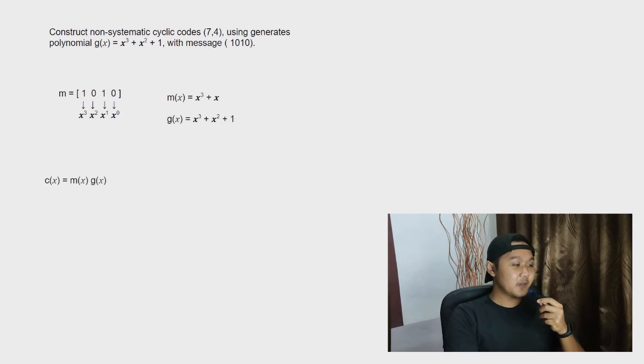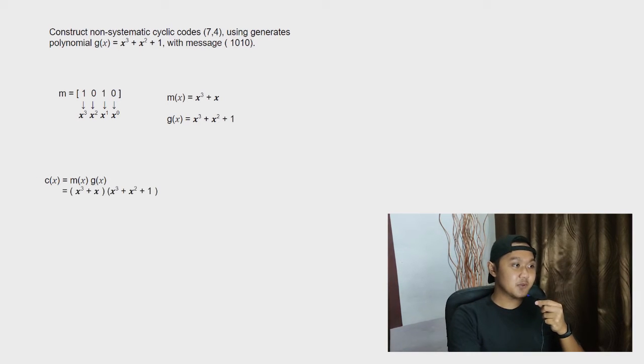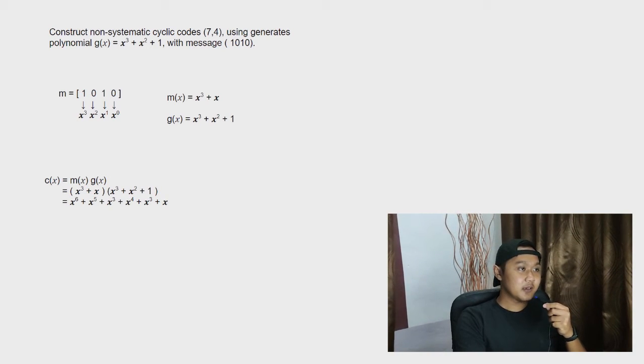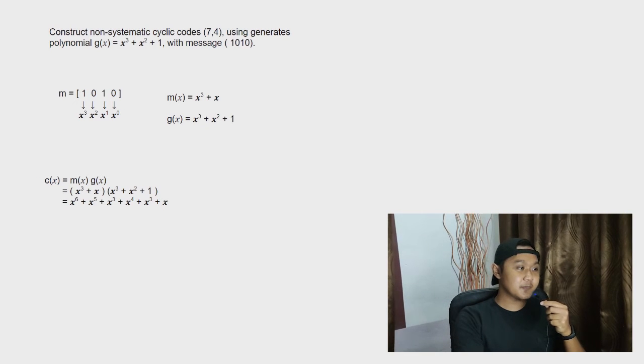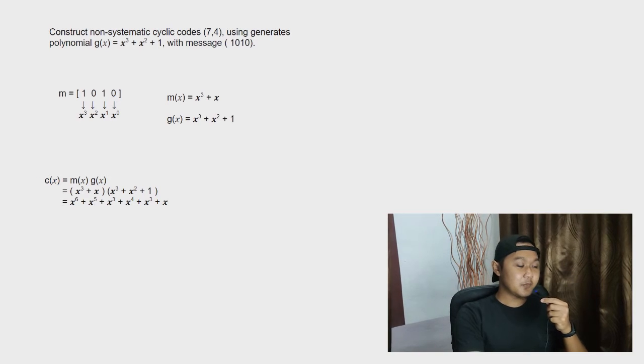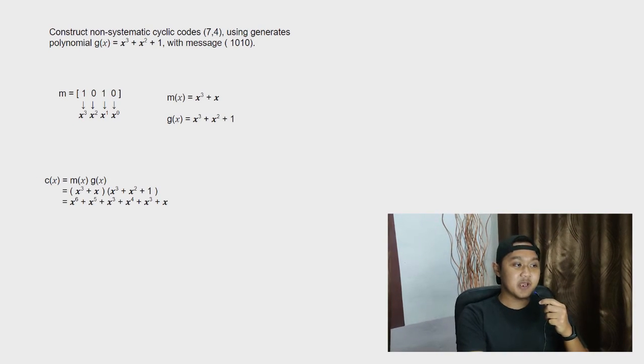Okay, then we need to solve the equation. The code word polynomial equals the message polynomial multiplied by the generator polynomial. So we take the message polynomial x to the power of 3 plus x multiplied by the generator polynomial x to the power of 3 plus x to the power of 2 plus 1. So you get x to the power of 6 plus x to the power of 5 plus x to the power of 3 plus x to the power of 4 plus x to the power of 3 plus x.